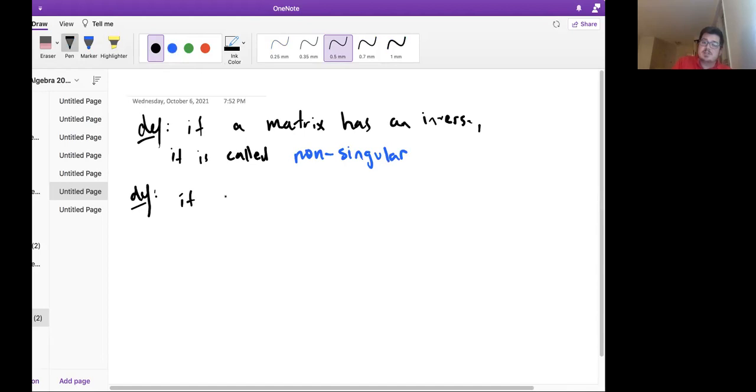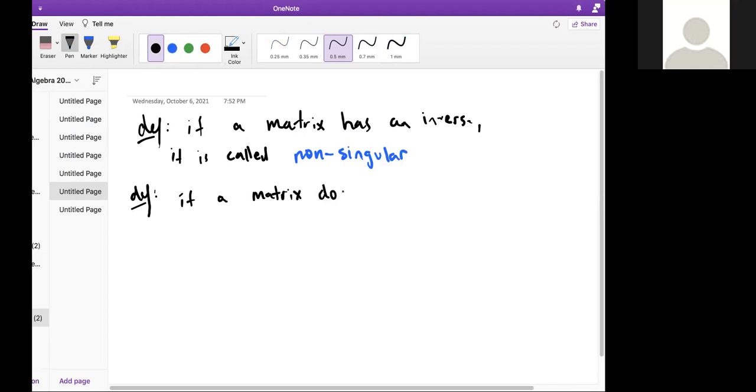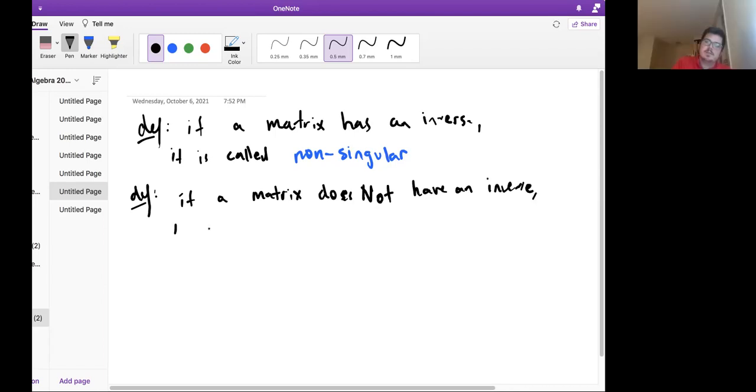If the matrix does not have an inverse, it is called singular.